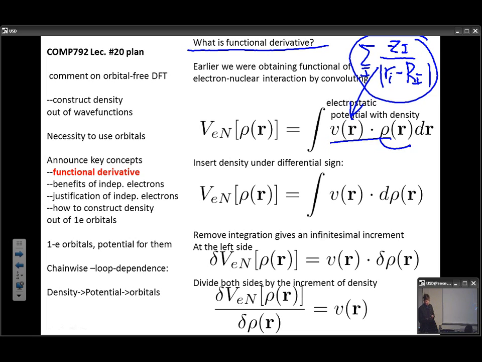So from the physical background, we set up the term in the functional that is responsible for the attraction of electrons to nuclei.